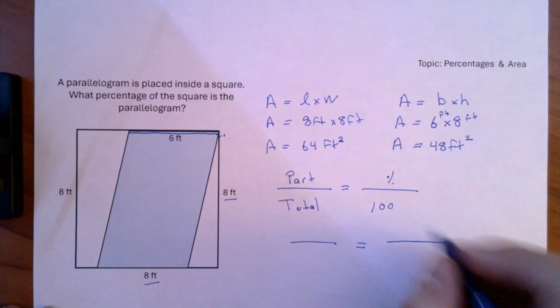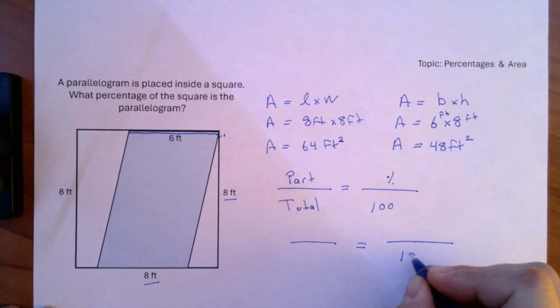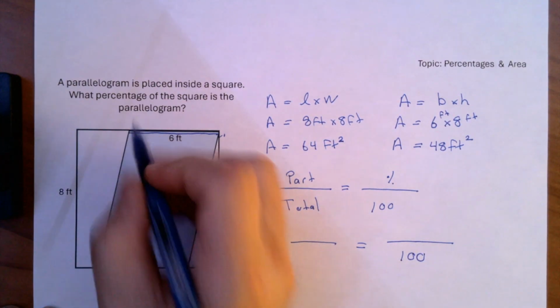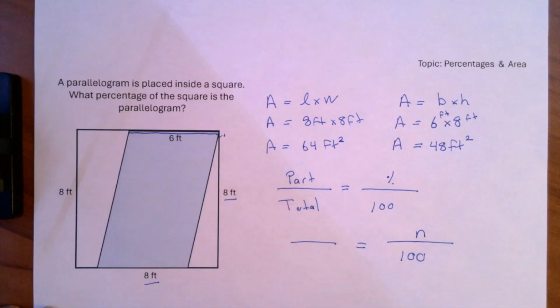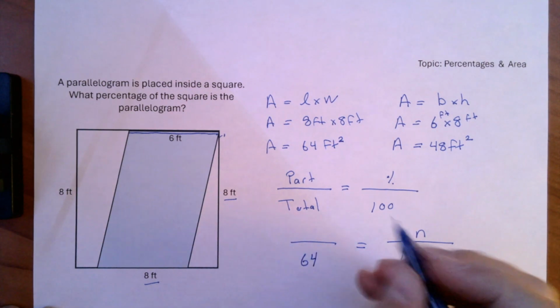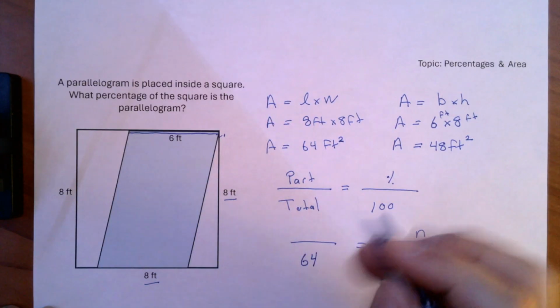Percent means out of 100, so 100 goes here. We're trying to solve for the percent, since it says what percentage, so that's going to be the unknown. The total is going to be the area of the square, which is 64, and the part is going to be 48.